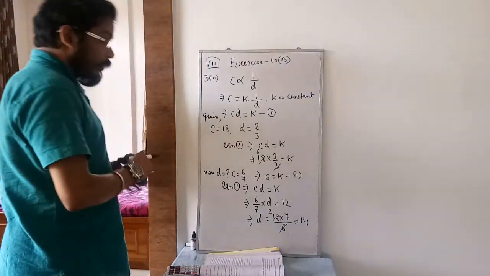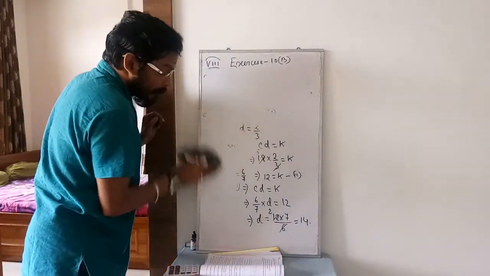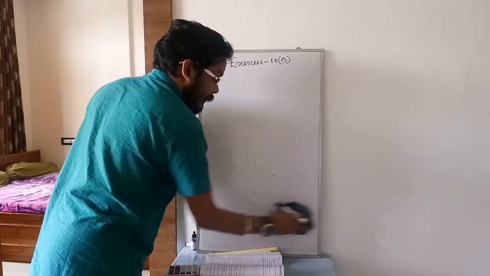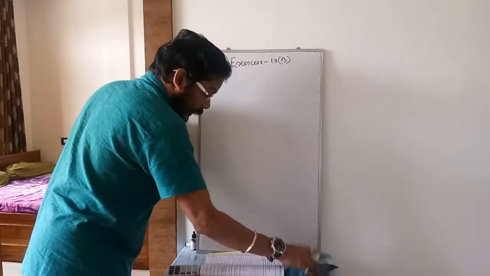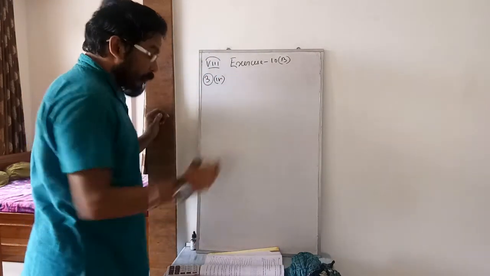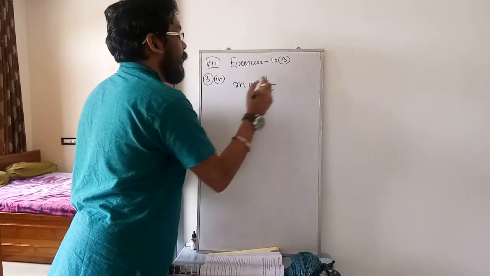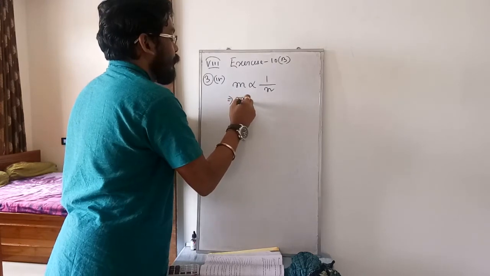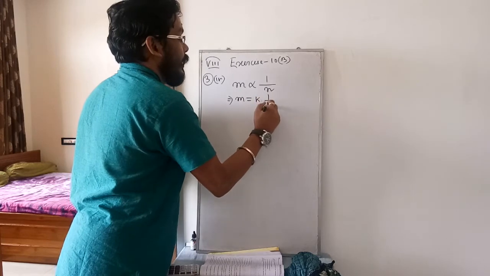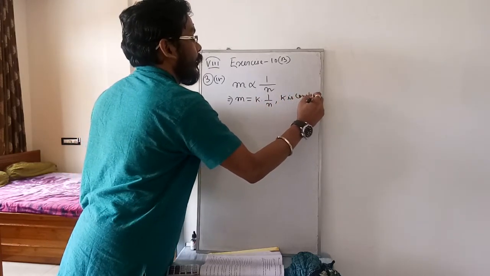Next, Roman 4. If M is inversely proportional to N, inversely means 1 by N. So if you replace the proportional by equal to, give a constant, here the constant used is K, you have to mention here K is constant.